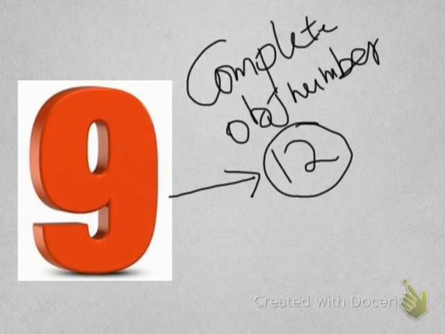When you want to count some objects like a herd of animals, a group of birds, or a group of stones, you should not use number 12 as the base, because 12 is only related to rhythms. You have to use 9, because 9 is a complete object number.